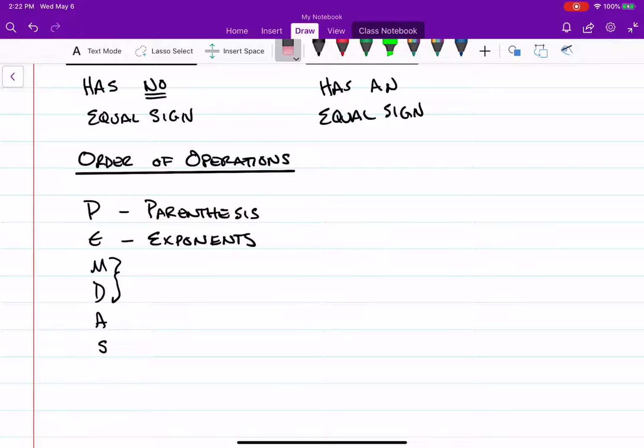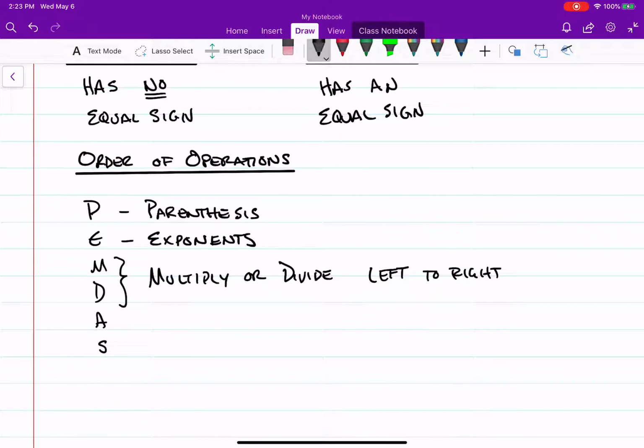What you have to understand is that the M and the D is multiplication and division. So you're going to multiply or divide. And the biggest part is that it's from left to right.